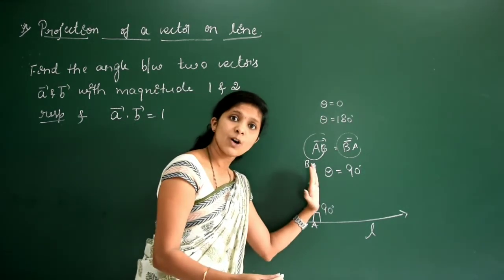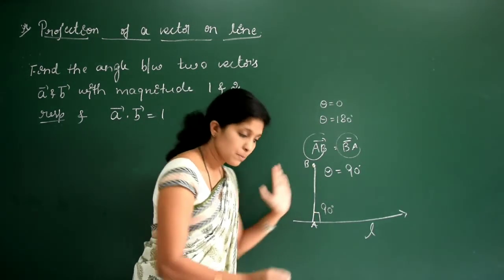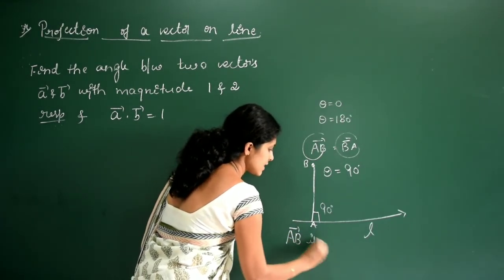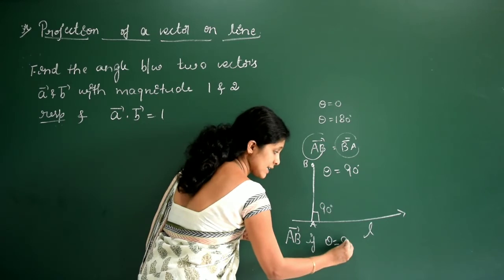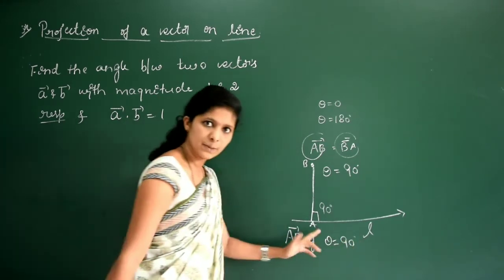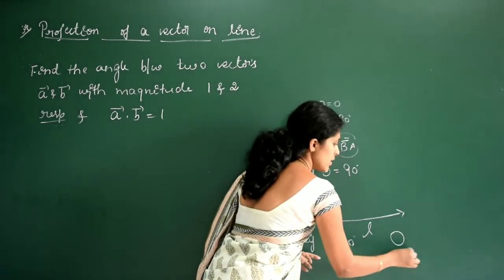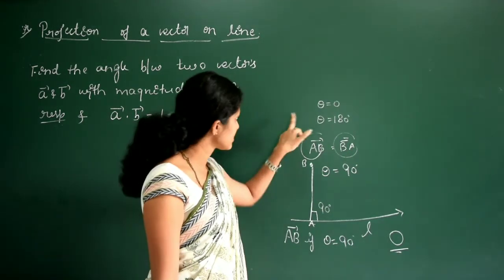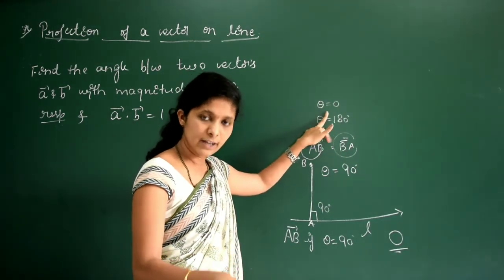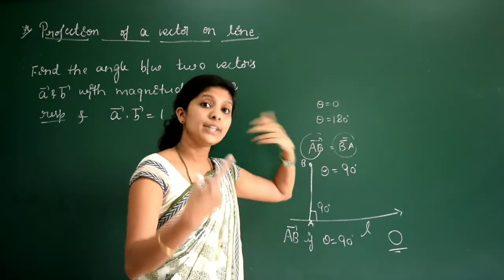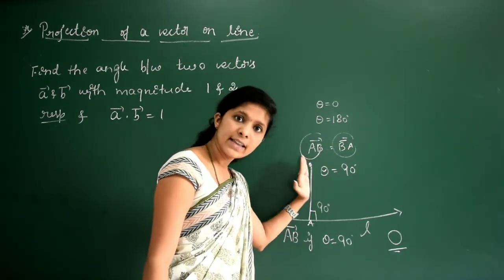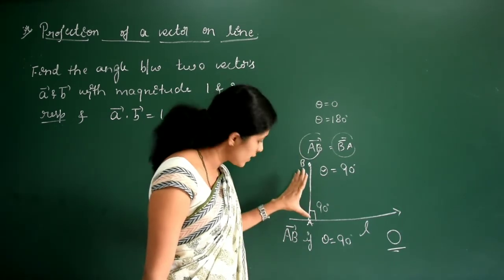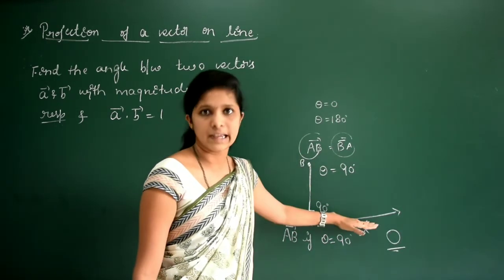So if theta is 90, then the projection of AB vector will be 0, because here we cannot find any image of this line. Is it clear? If theta is 0, then it is that itself. If it is 180 degree, then negative. If it is 90 degree, then the projection will be 0, because it is not possible to find the image of this AB vector on this line.